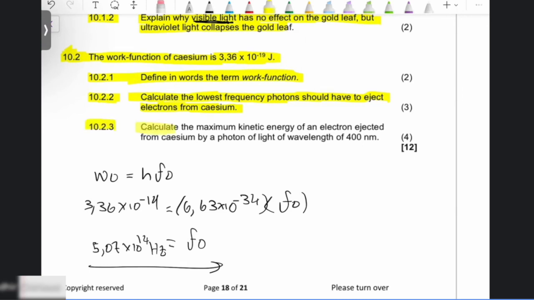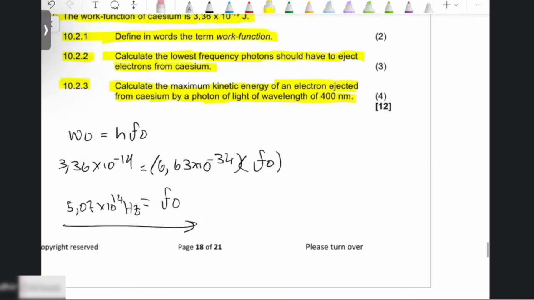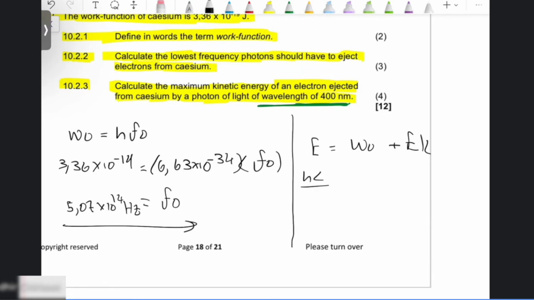10.2.3, it says calculate the maximum kinetic energy of an electron ejected from cesium by a photon of wavelength that day. So they just want to know the kinetic energy if we're dealing with a light source that has this wavelength. So all we're going to do is say energy is equal to W0 plus EK. Energy is going to be hc over lambda, and we know that W0 was the 3.36, the work function of cesium.